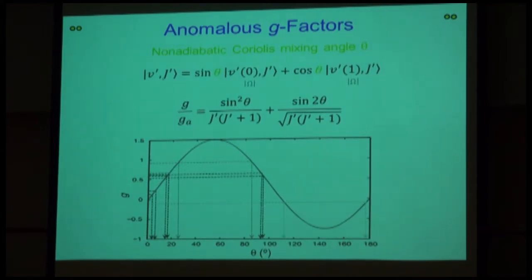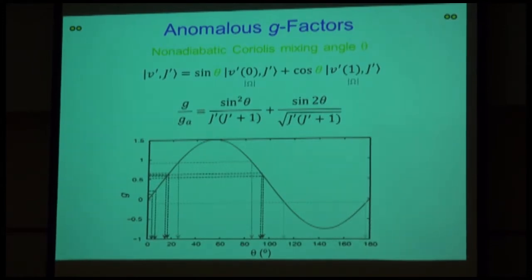You can see this function really covers a huge range of G's. Depending on your mixing, you can measure almost any linear Zeeman shift between -1 and 1.5. Here I marked a few of the levels that we have actually measured. One problem with this is that this function is double valued. So let's say you measure a G factor, it could still correspond to two possibilities. That's experimentally difficult to resolve, but we do have access to a very good ab initio model.